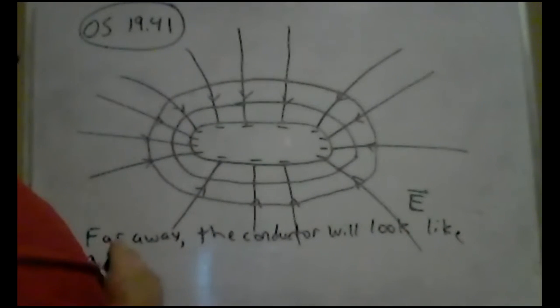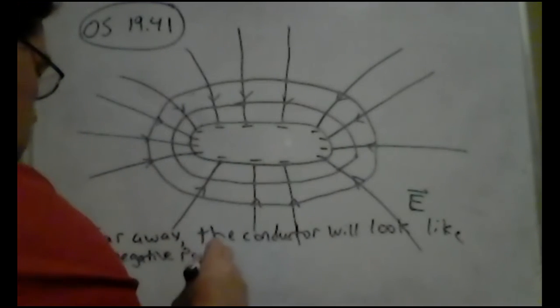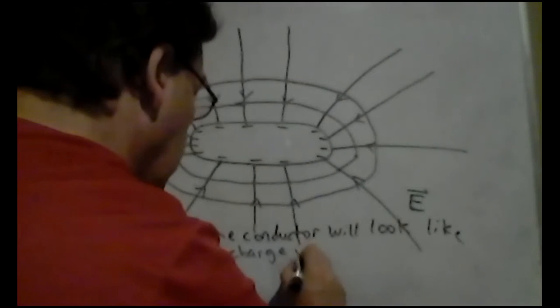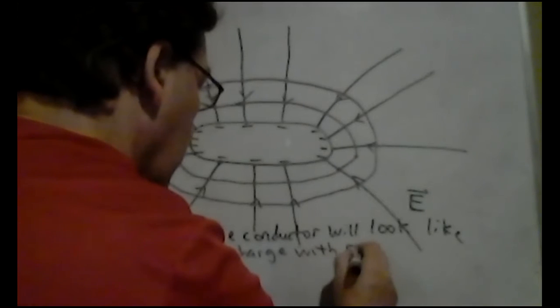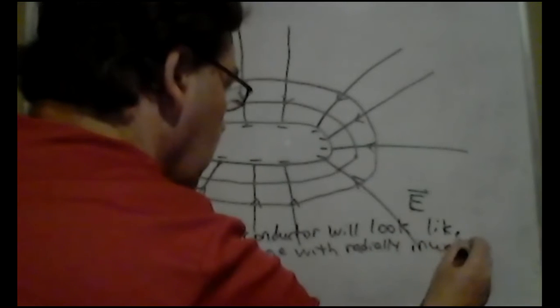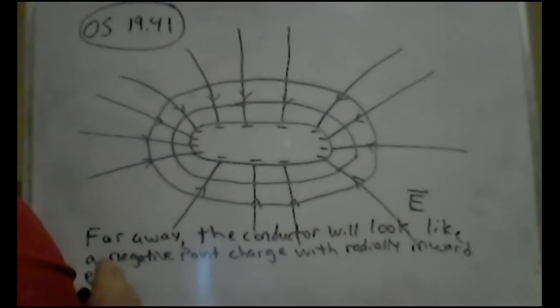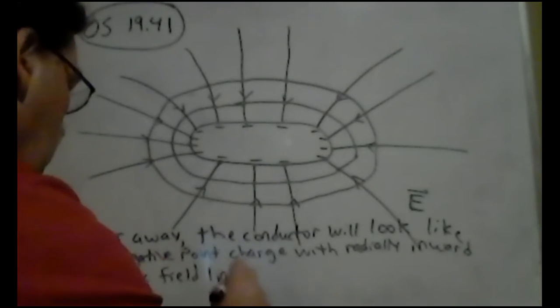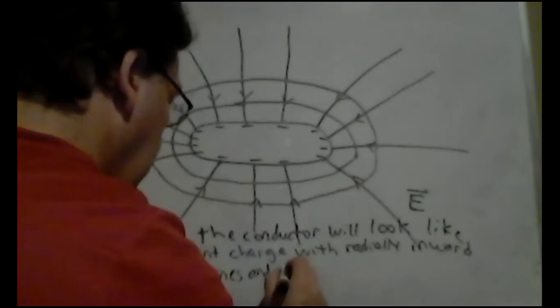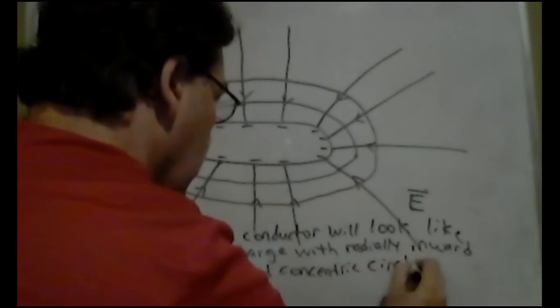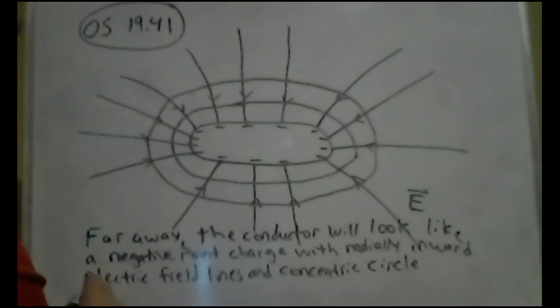It'll look like a negative point charge, with radially inward electric field lines and concentric circle equipotentials.